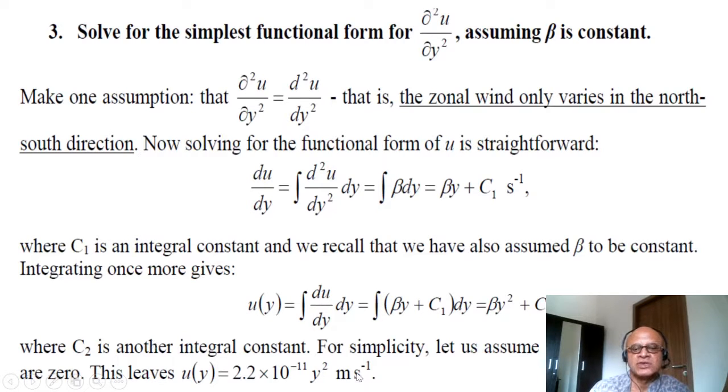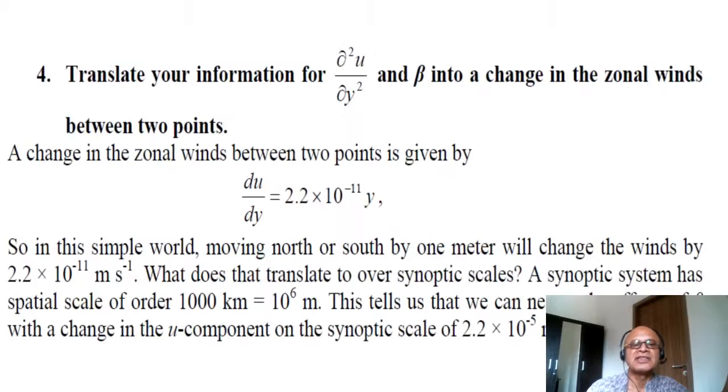For simplicity, let's assume both c1 and c2 are 0, no loss of generality. That leaves us u(y) equals 2.2 times 10 to the minus 11 y squared meters per second, right? This is the current, so it's meters per second. So that's a tiny number.